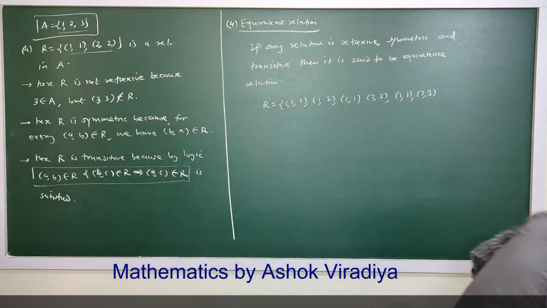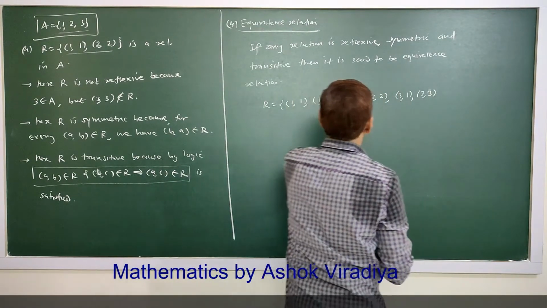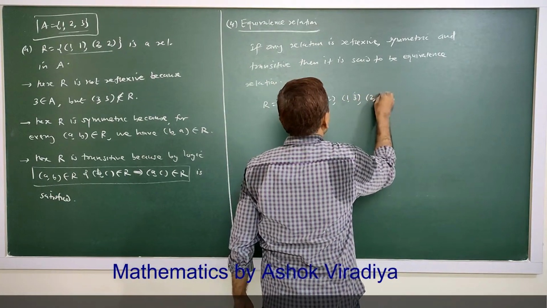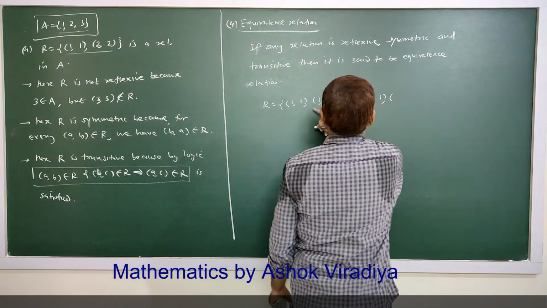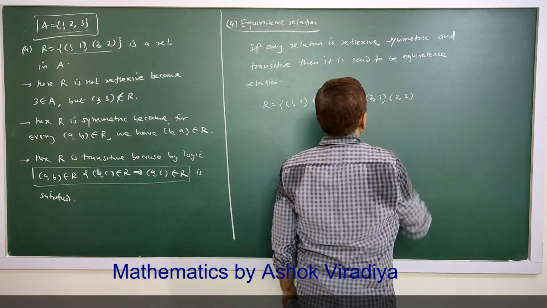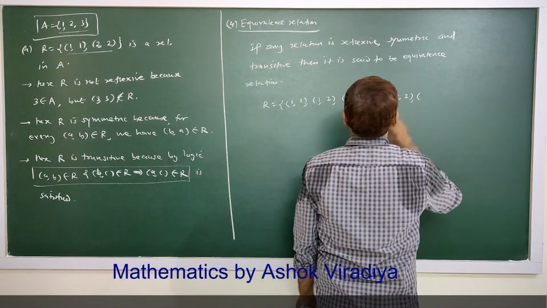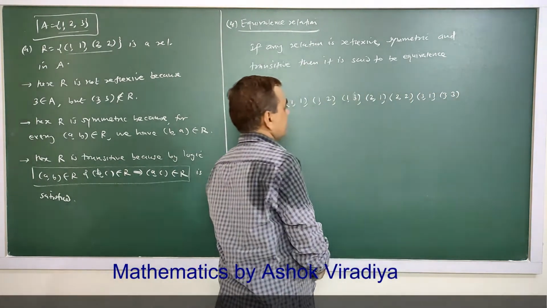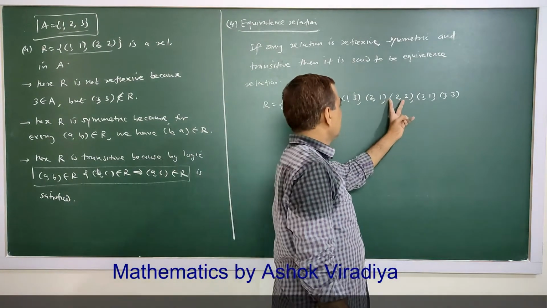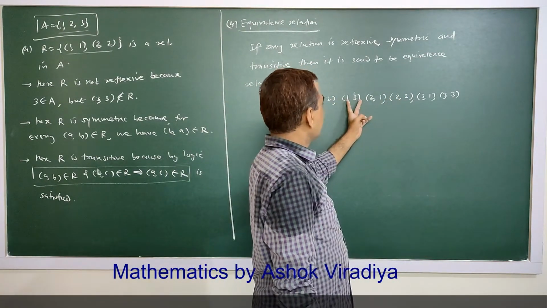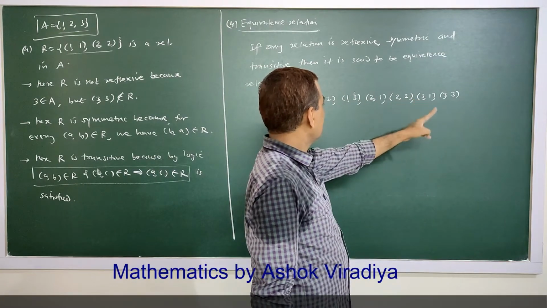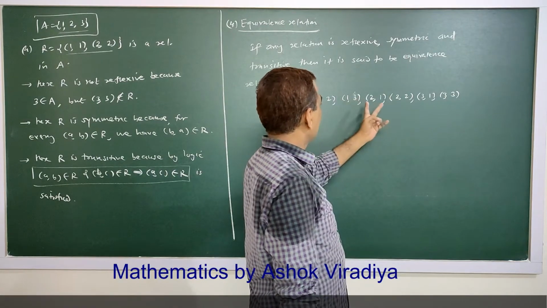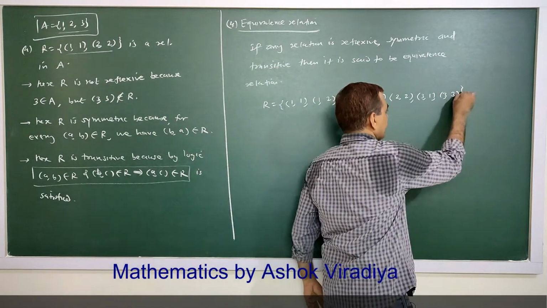So the relation is 1 1, 1 2, 1 3, 2 1, 2 2, 3 1, 3 3. Okay, let me check this relation.